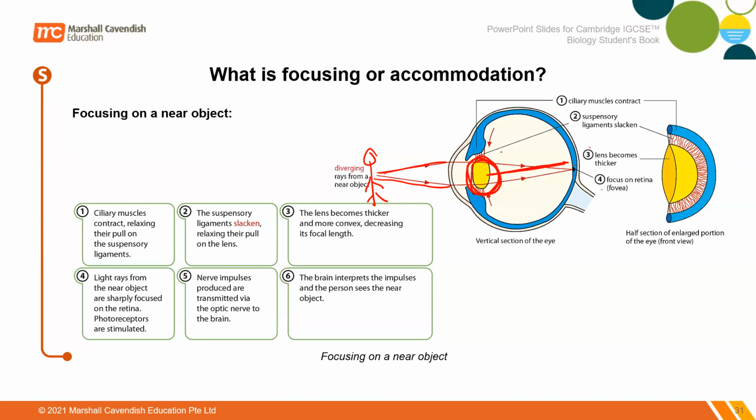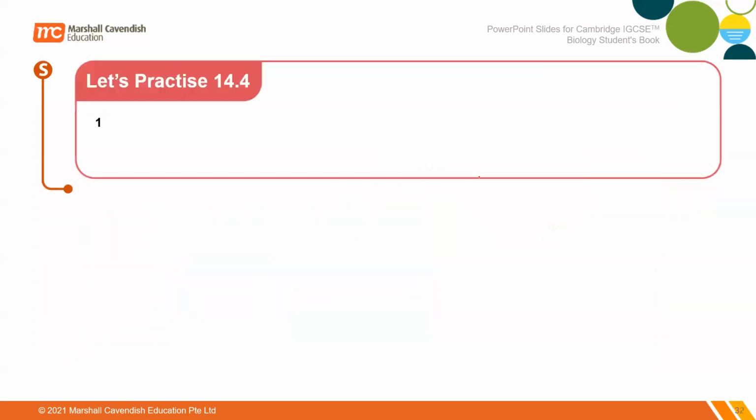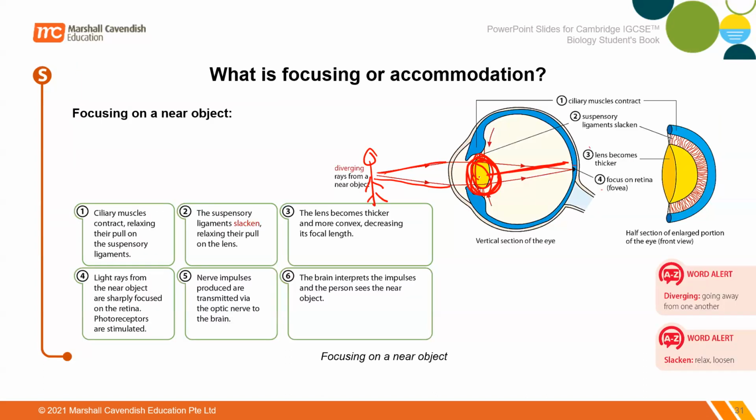Okay, because it will be relaxed. فلما تبقى relaxed اللينس بتكون thicker or more convex. This is the eye accommodation. If you have any question please ask now.